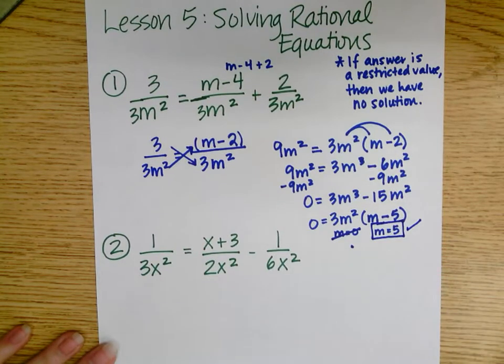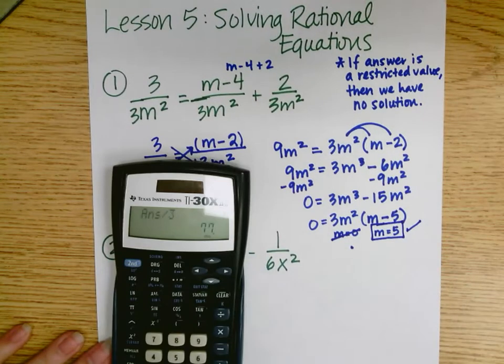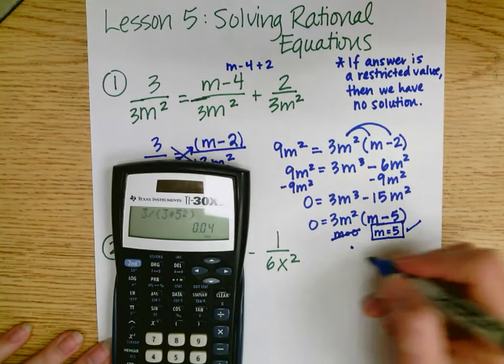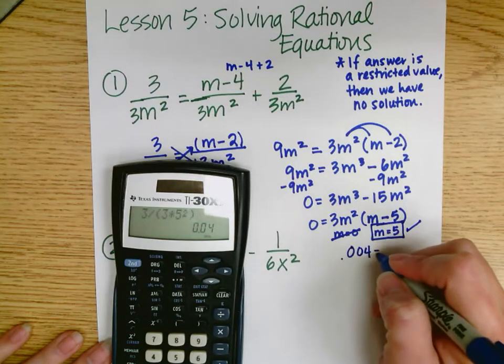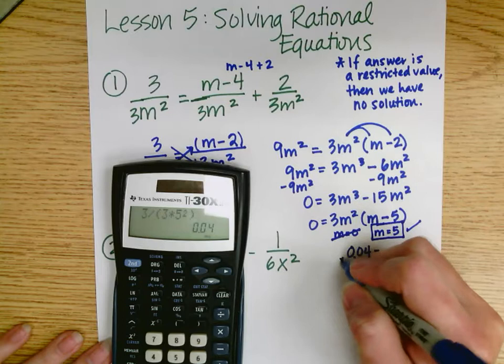Let's see. If I have 3 divided by 3 times 5 squared, I get 0.04.